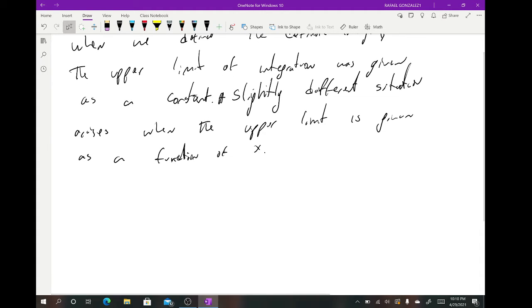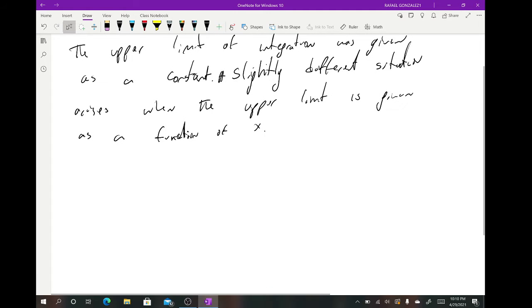So one of the things that you should recall from earlier is when we defined the definite integral from a to b, and we said that this was equal to F of b minus F of a, this integral gave us, first of all, a real number as a solution. It didn't give us any functions as a solution.